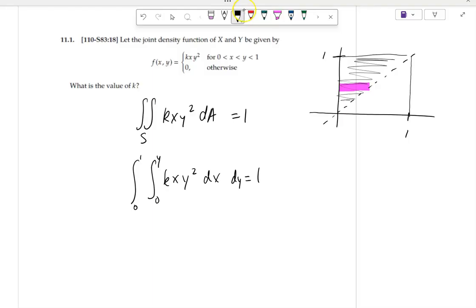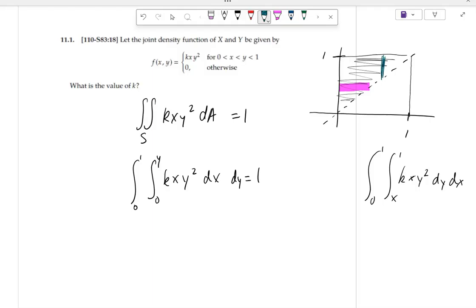If you were going to do it the other way around, just for practice, I know it might have been a minute or two since you've done double integrals. If I wanted to do y first and then x, what would your bounds be? The outer bounds are still 0 to 1 because that's what the x's run through.